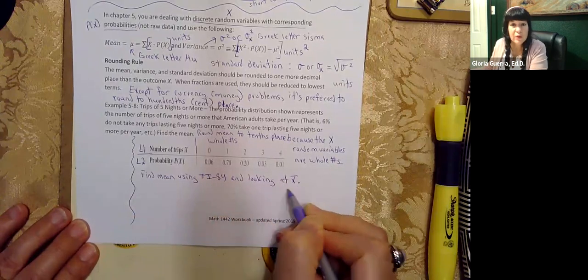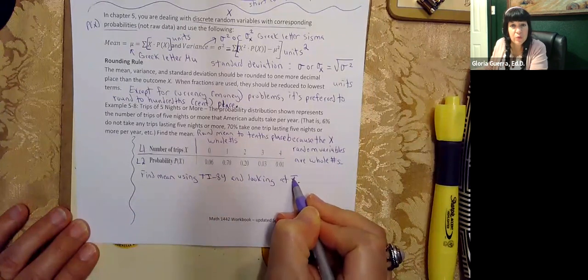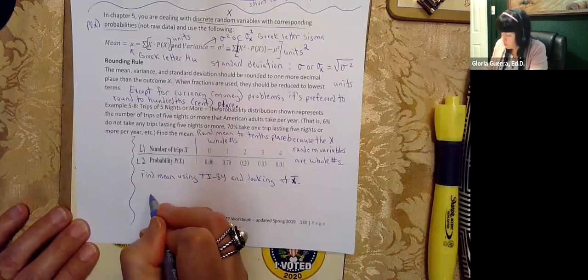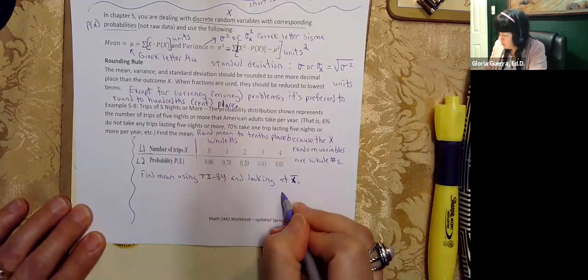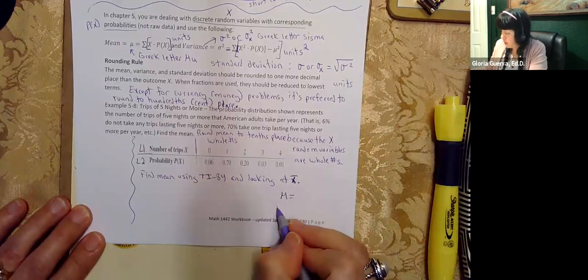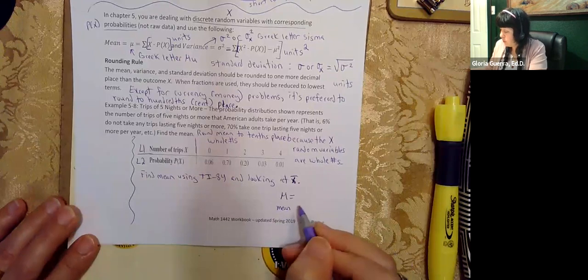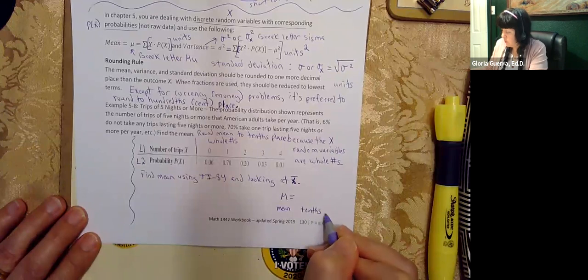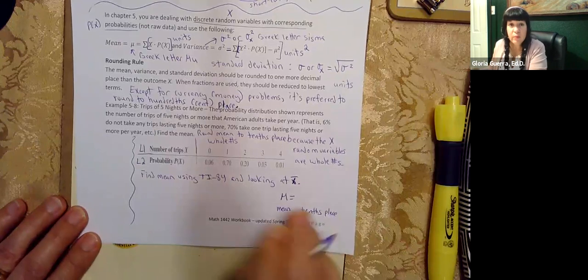So they don't change it. The calculator doesn't know how to change it to mu. So unfortunately, we just look at the X bar. But when we write our mean, it will be written as mu for the mean, not X bar. And we'll round it to the nearest tenths because this is not a money problem.